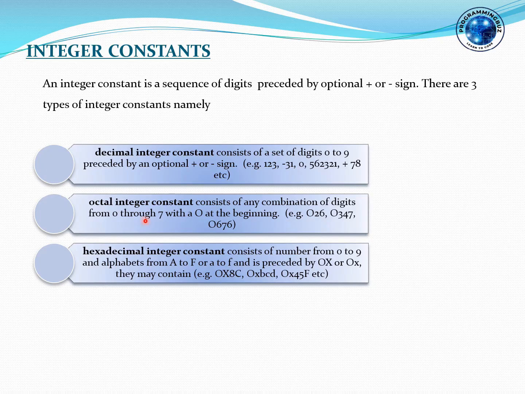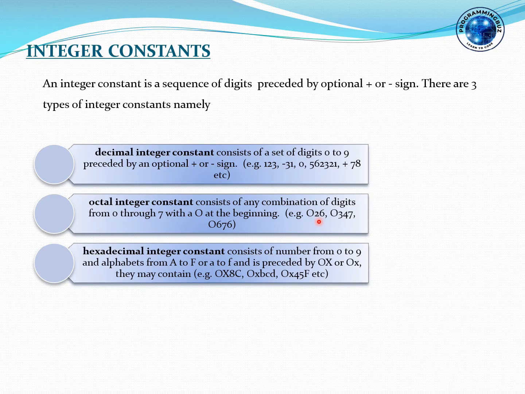To differentiate, an octal integer constant begins with a 0. Any integer constant having digits from 0 to 7 and which begins with 0 is considered an octal integer constant.